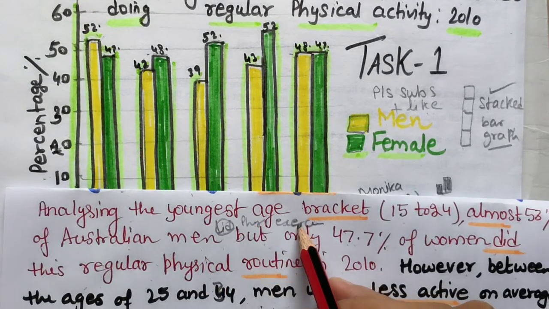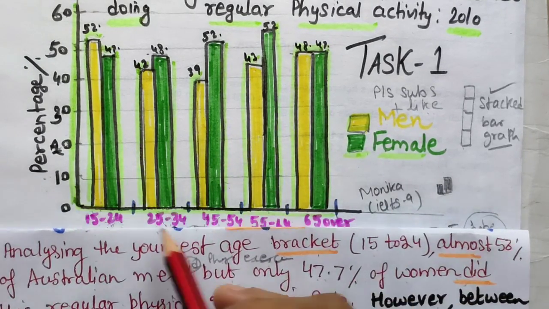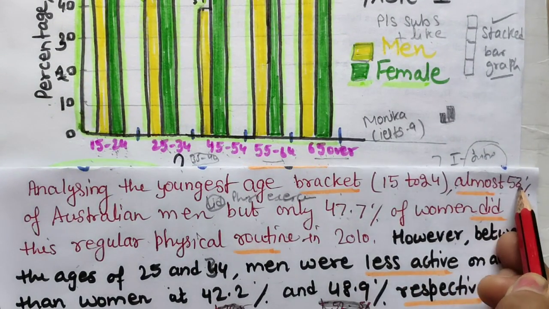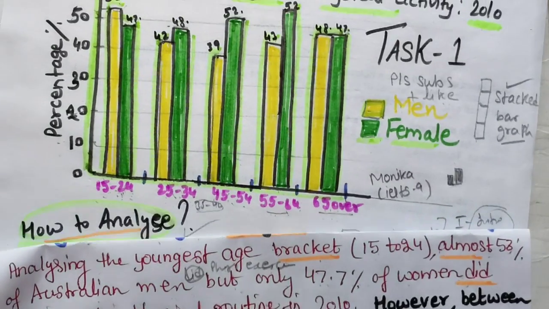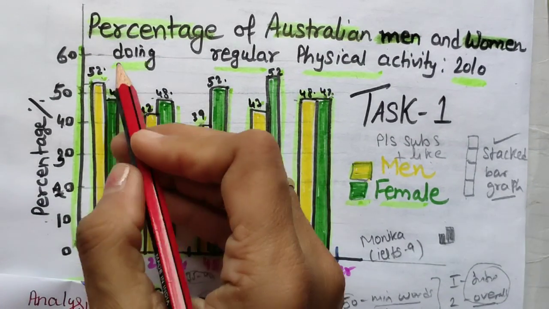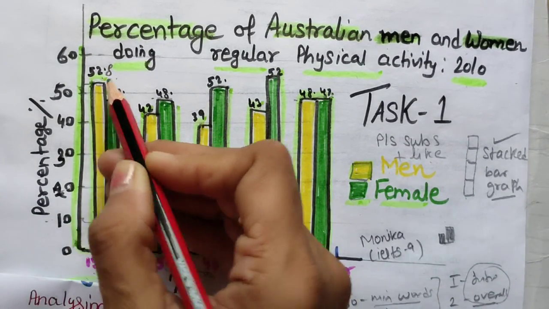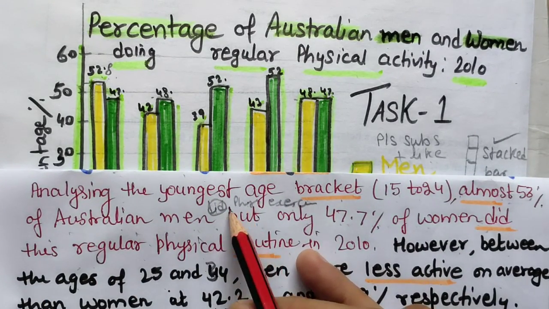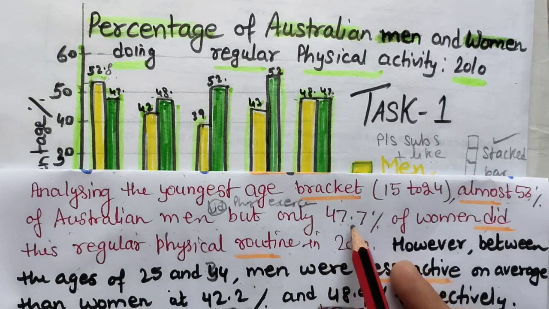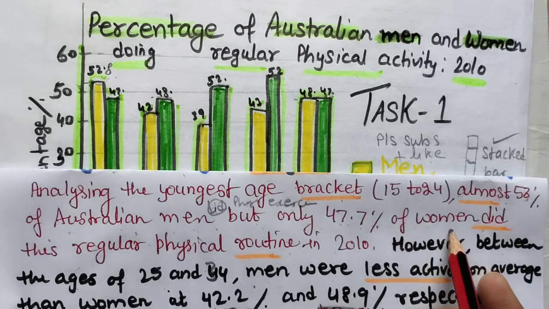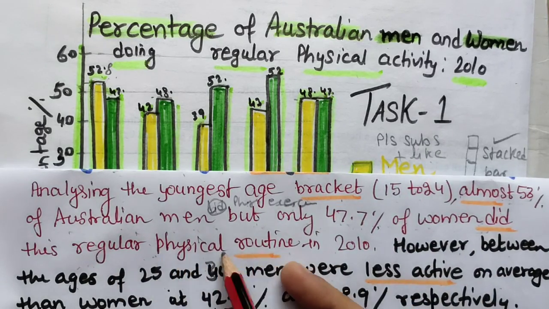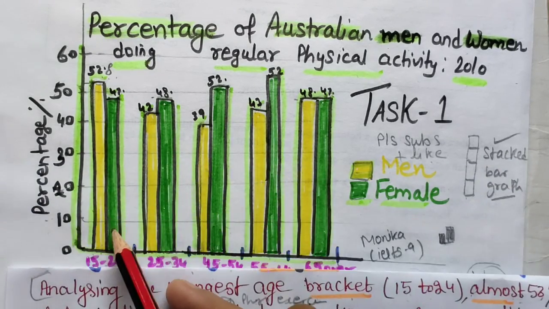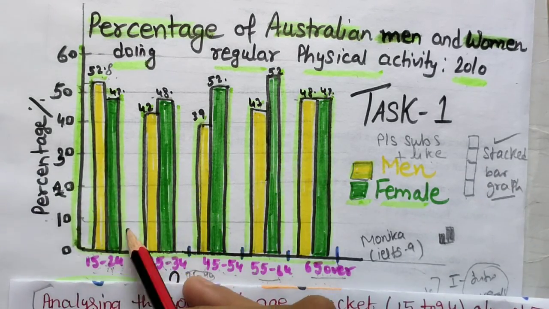Analyzing the youngest age bracket, 15 to 24, almost 53% of Australian men, it is 52.8%, but only 47.7% of women did this regular physical routine in 2010. So that is the first sentence about the younger age group in a simple way.